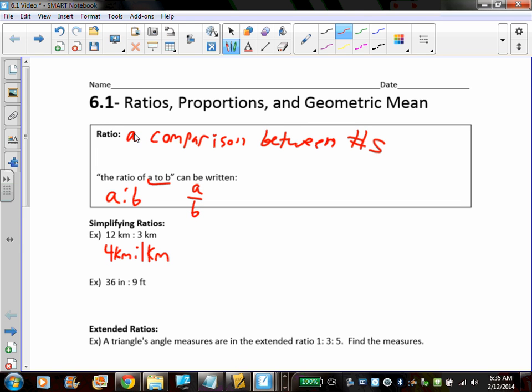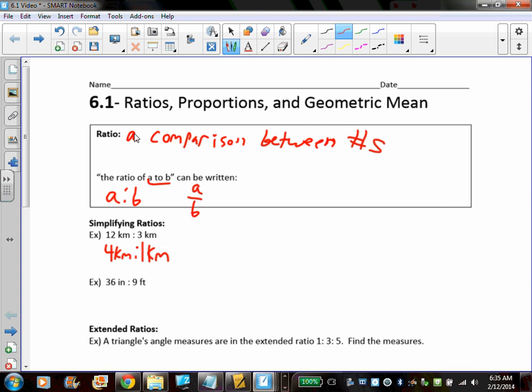And the point of that would be, let's say that for every 1 kilometer of something happening, something else goes 4 kilometers. Well, now this is going to allow us to extend that and say, what if the first one went 8 kilometers?